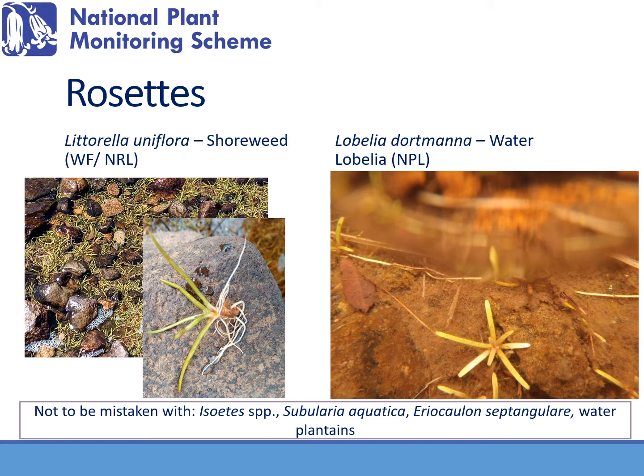Now at the bottom of each slide I've included details of other species that you might potentially confuse these plants with. Isoetes I'm going to cover on the next slide.